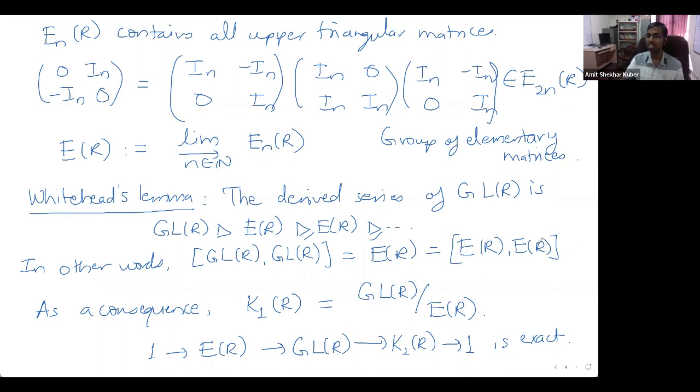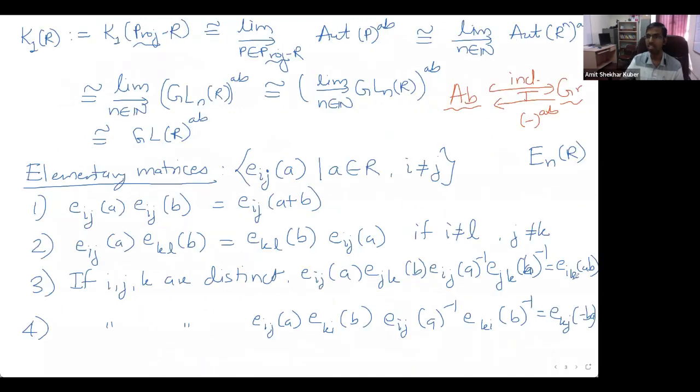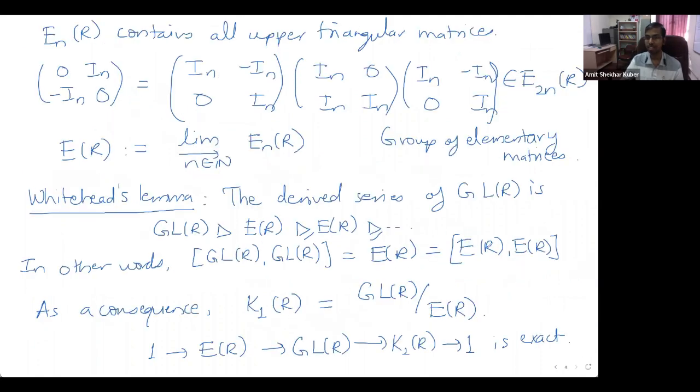This commutator is naturally a subgroup of ER, so there is nothing to prove. However, take any elementary matrix. Now look at property 3. This A times B, you think of it as A times 1, and then you can write that matrix as a commutator. So property 3 is actually the proof of this particular equality.